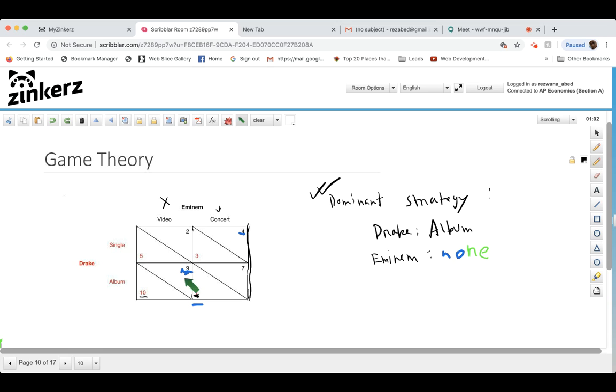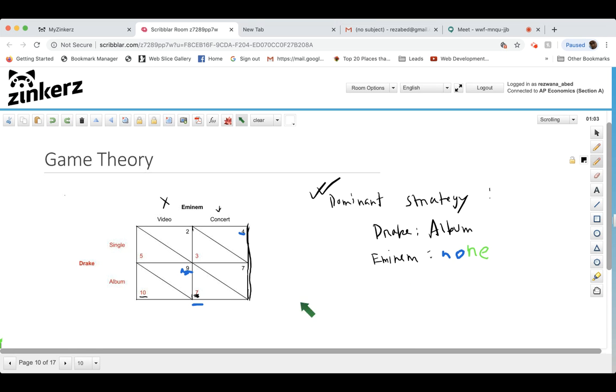So when that happens, he has no dominant strategy, because he had to change his strategy based on what Drake was doing. With Eminem, it was not the case that he was always better off doing the album.